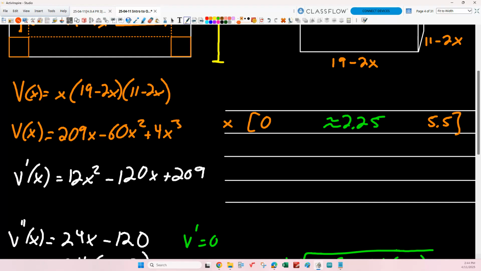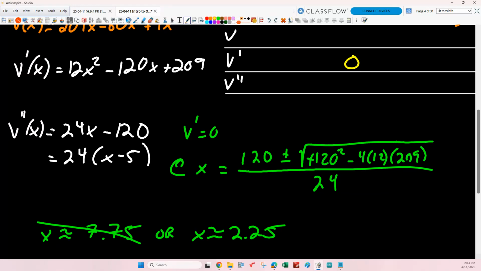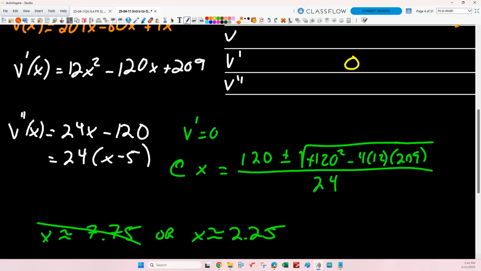It's a 0 of the first derivative, right? Okay, what's the sign of the second derivative at 2.25? Negative, exactly. So what is this? Yeah, it's a maximum. There's only one maximum in our domain, so it's the maximum, right? Everybody see that? Okay, hey, we made it.